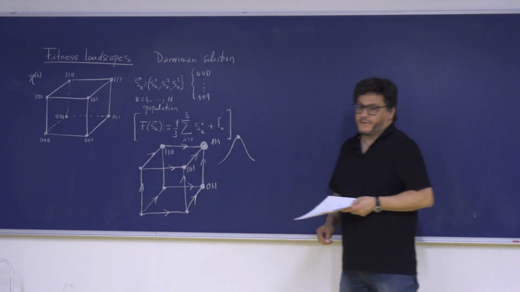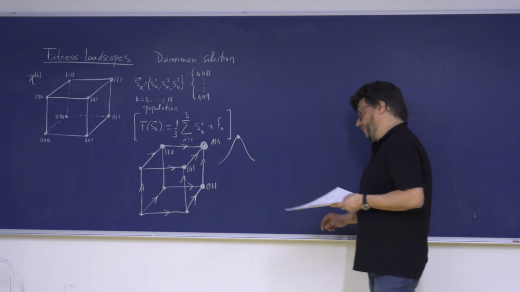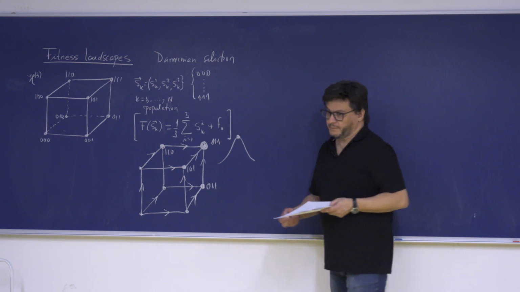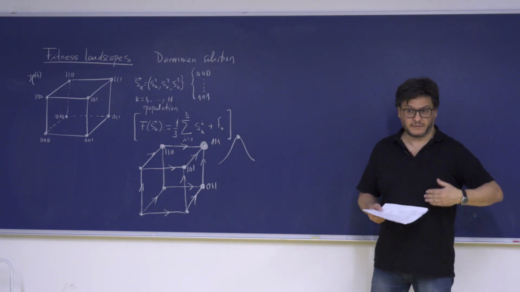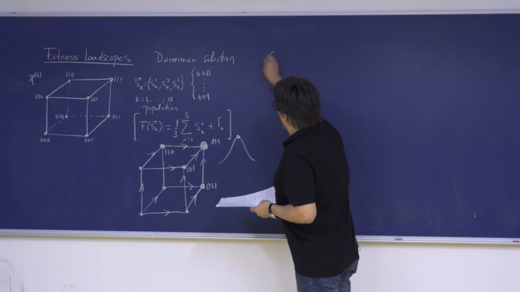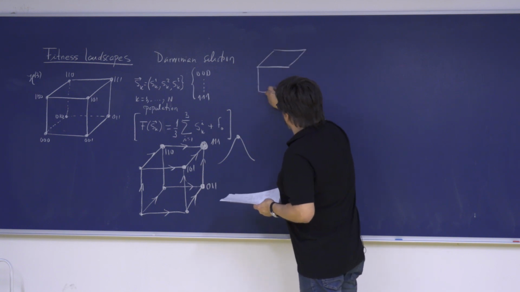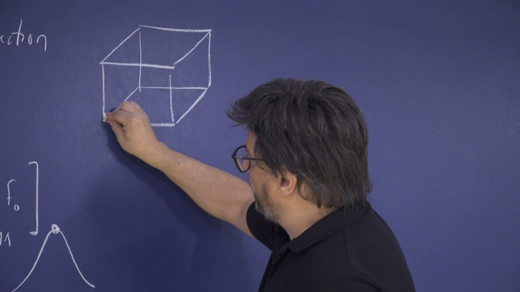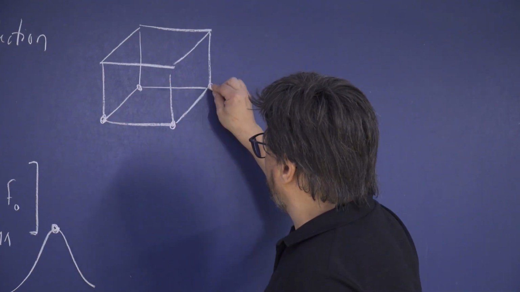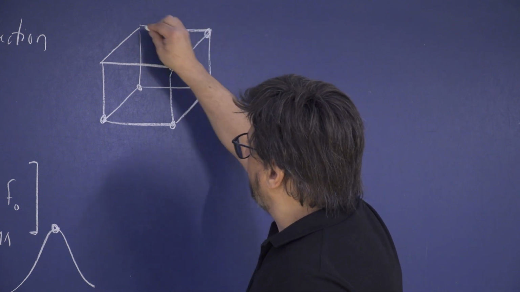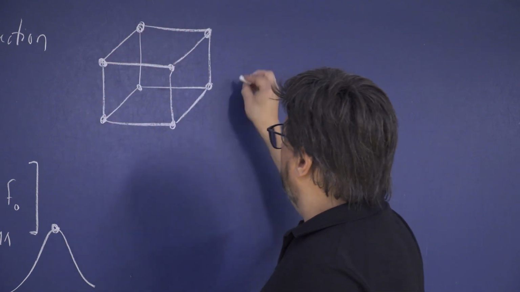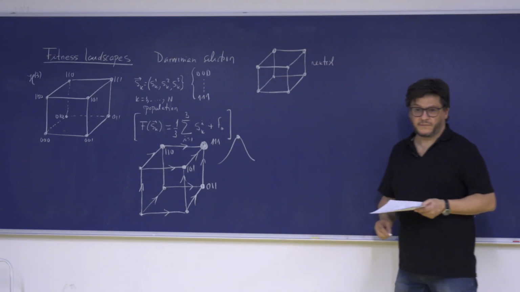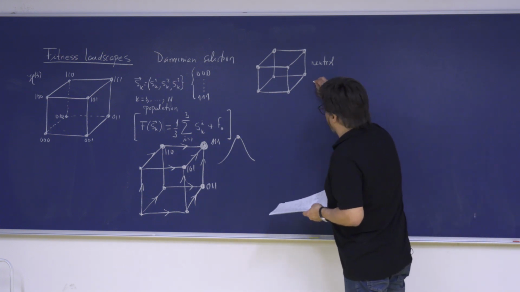I could define others, all right? For example, let's consider the simplest cases, right? One simple landscape could be something where everything is exactly the same, all right? So it will be a neutral landscape. Neutral landscape means that the fitness is identical, there's no difference, right?